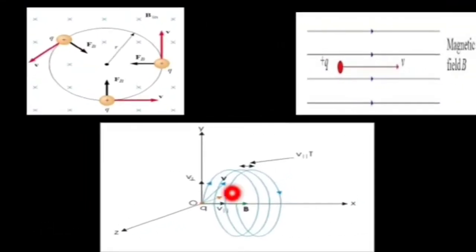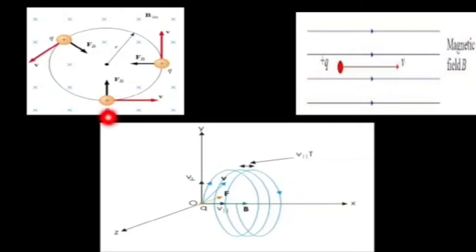As we have understood, there are two components for our velocity which are named the parallel component and the perpendicular component. In case 1, we understood that if the velocity is parallel to the field, then the particle is unaffected and it follows the same path.